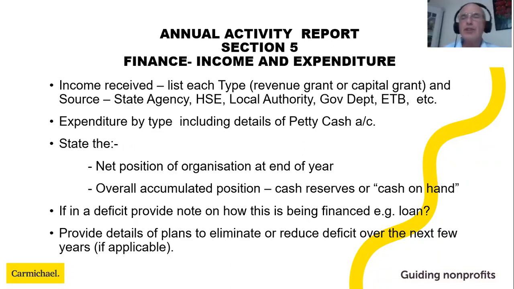Yeah, well, the annual return to the charity regulator would obviously form a key part of your annual report, because that's what you'll be reporting to the charity regulator, as I understand it.